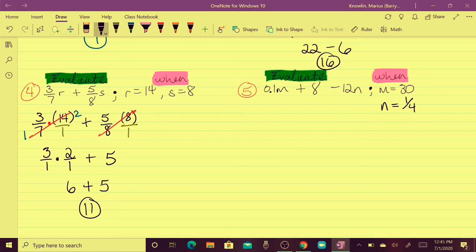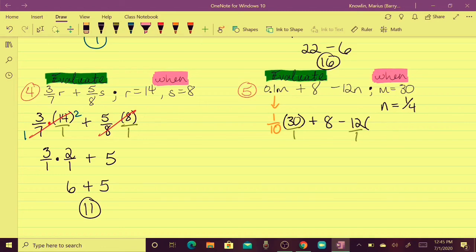All right, so once again, I'm going to change this to a fraction, which is 1/10 times m, which is 30, plus 8 minus 12 times 1/4. All right, we're going to do our due diligence and write some of these as fractions because we're multiplying fractions.